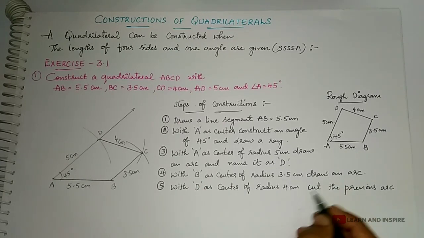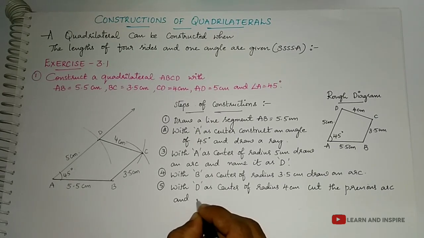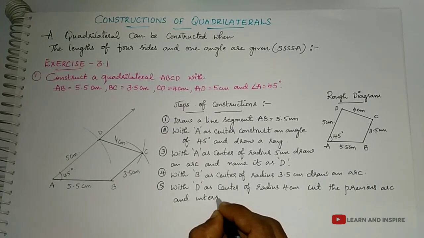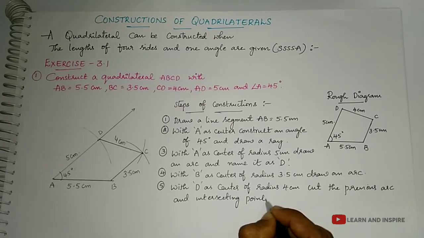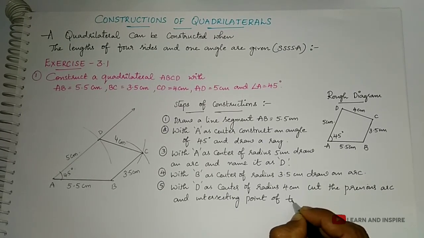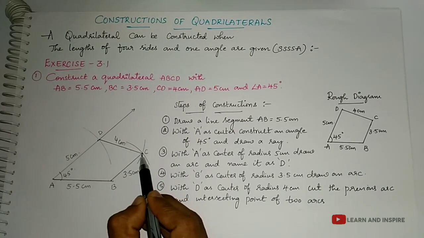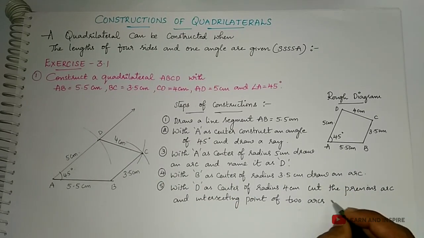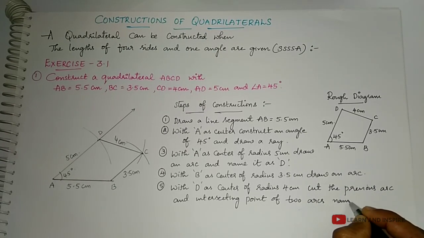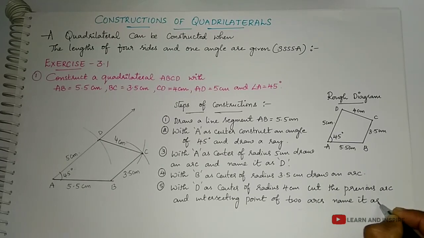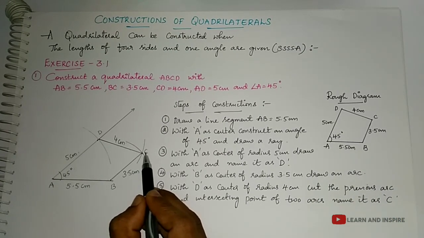Okay, cut the previous arc and the intersecting point of these two arcs, you can see these are the two arcs which are intersecting, name it as C. So we name that intersecting point as C.